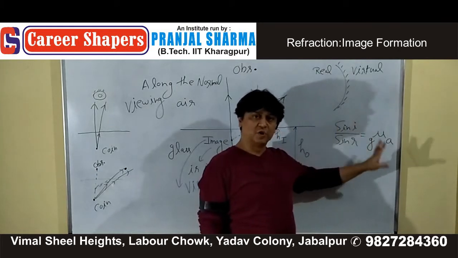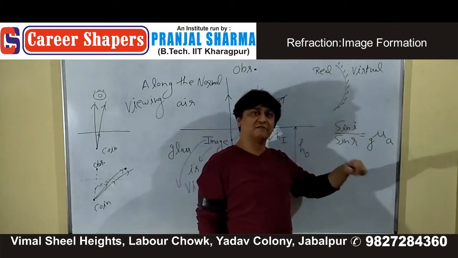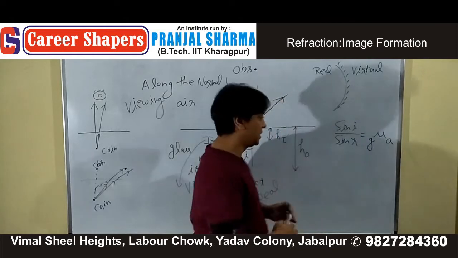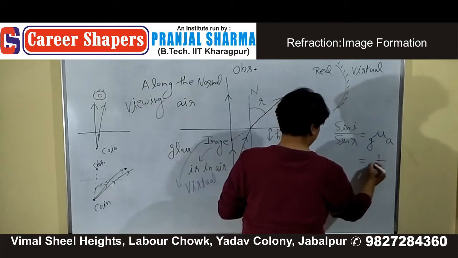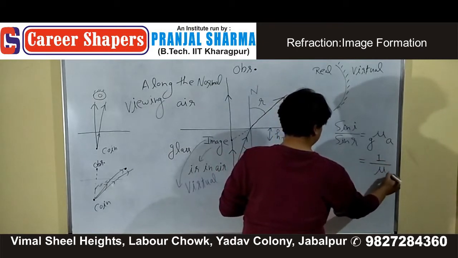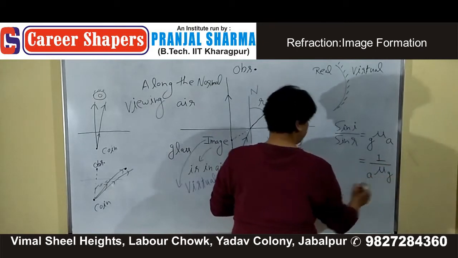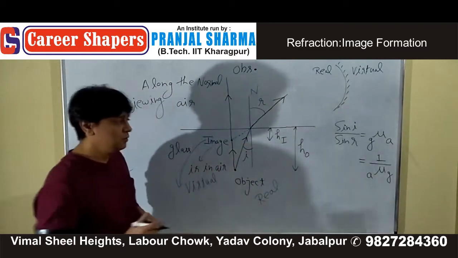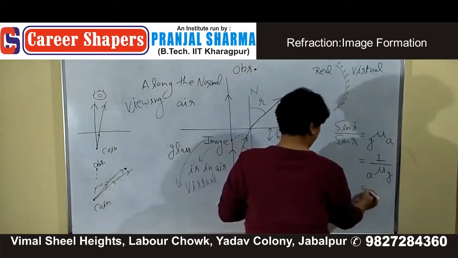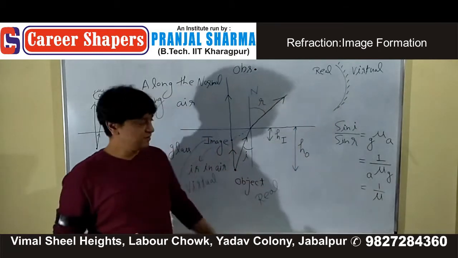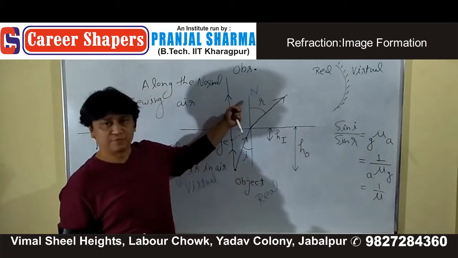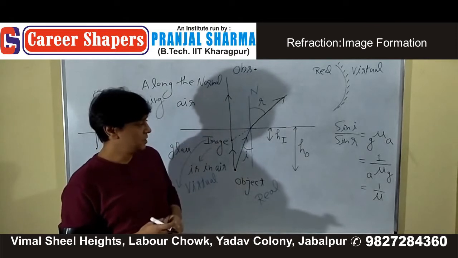But in normal situation you are given what? Refractive index of glass with respect to air, and by now you already know that this will be 1 upon refractive index of glass with respect to air, which you can simply write as 1 upon mu. What is mu? Refractive index of glass with respect to air.